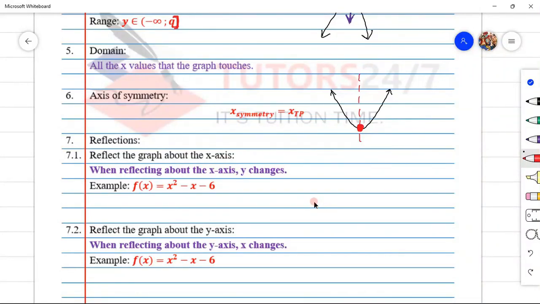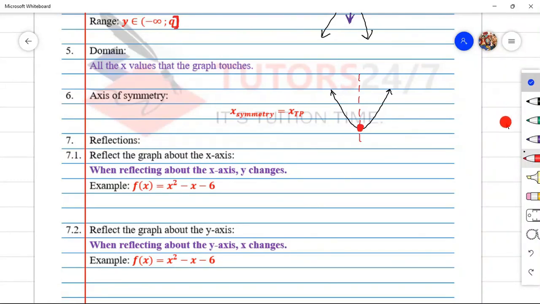That is why our axis of symmetry is x equals the x value of our turning point. For example, if the x value of our turning point was positive 2, our answer to the axis of symmetry question would be the graph is symmetrical about x equals 2.